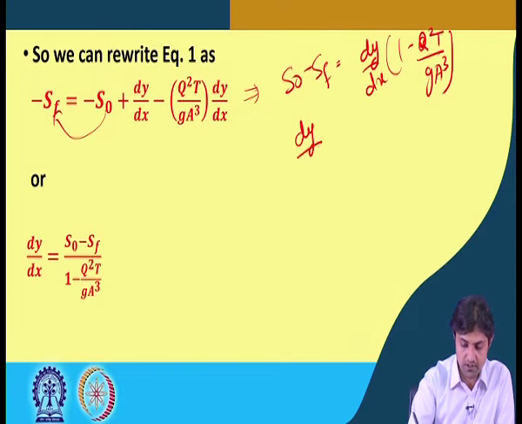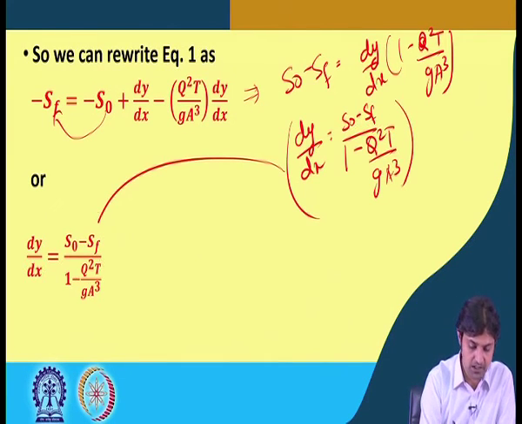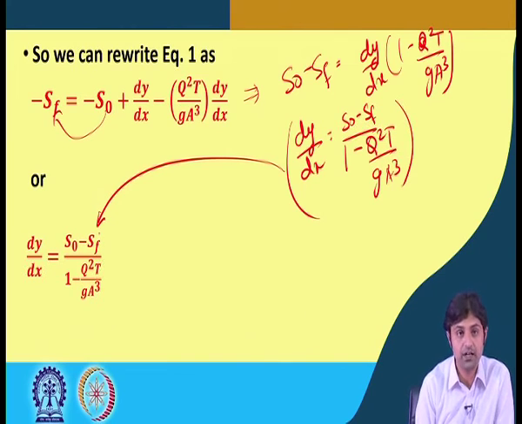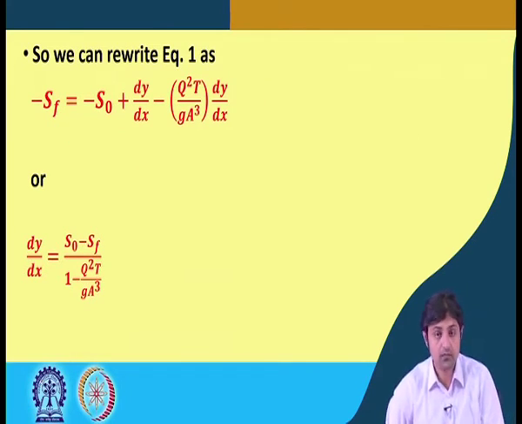So, dy by dx is going to be S naught minus Sf divided by 1 minus Q square T by g A cube. This is exactly the same as this. It is written in a more direct way, but now we have shown it also.